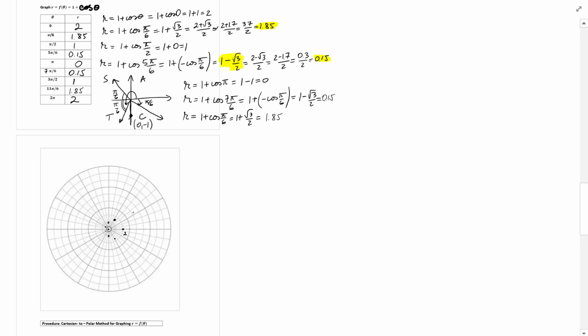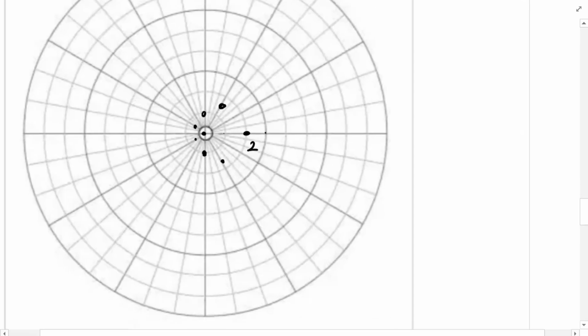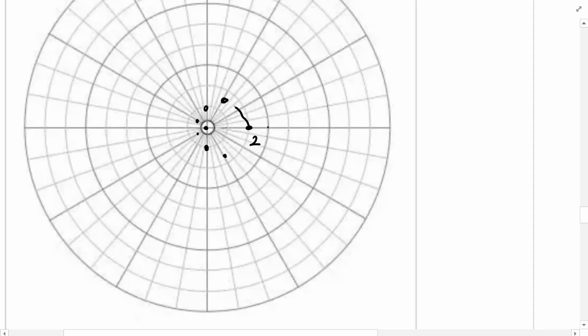And then for 2 pi, 2 back there. So now connecting the dots, we would have something like this as the graph of our function.